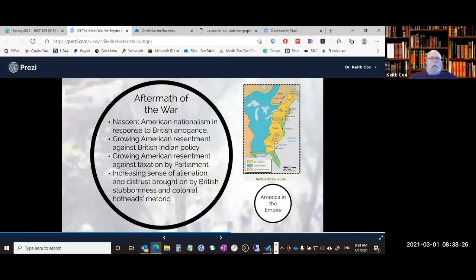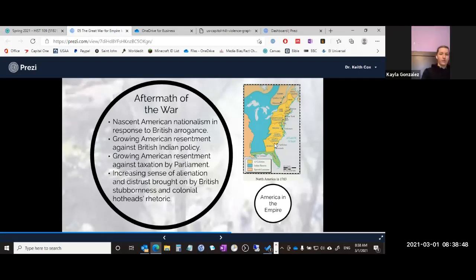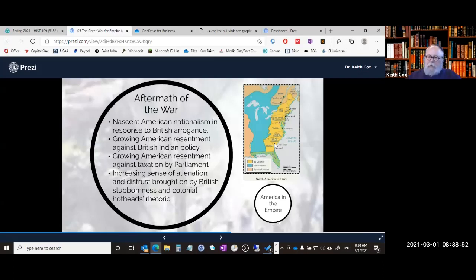Okay, so remember what we're leading up to here. We're leading up to the American Revolution. What did we say it was? The American Revolution. How can we have an American Revolution if there aren't any Americans? Trying to see them like stray away from like the British. So exactly. They start to recognize their difference, right? Thank you for saying that, Kayla.